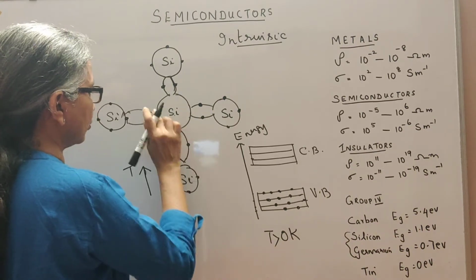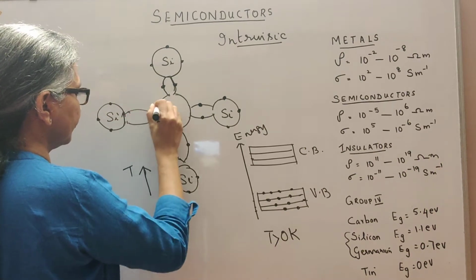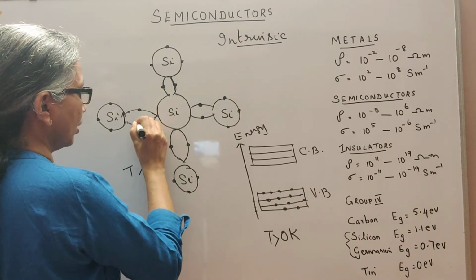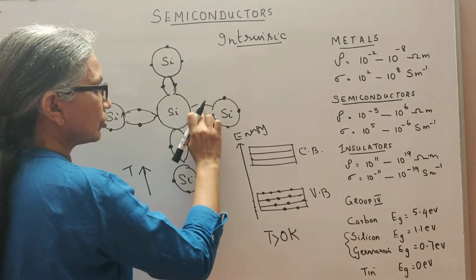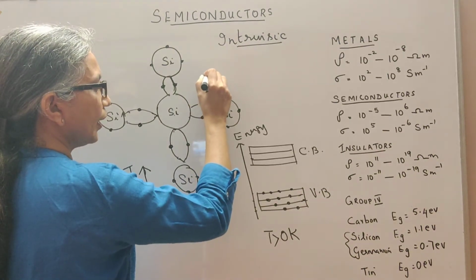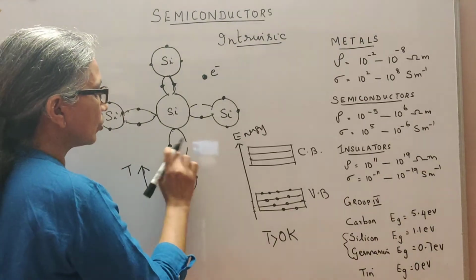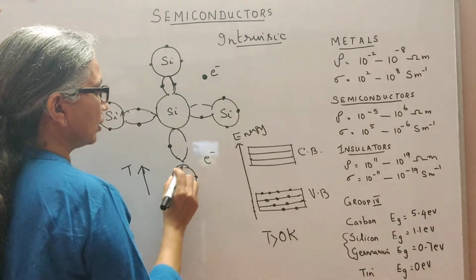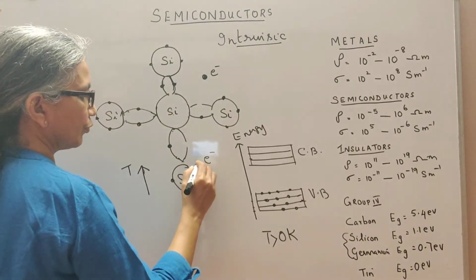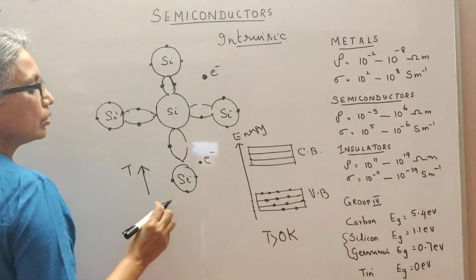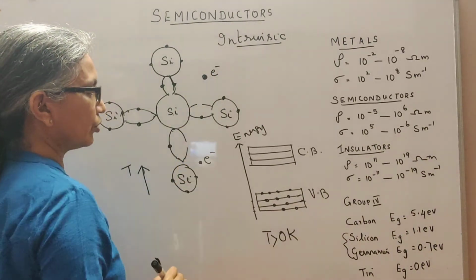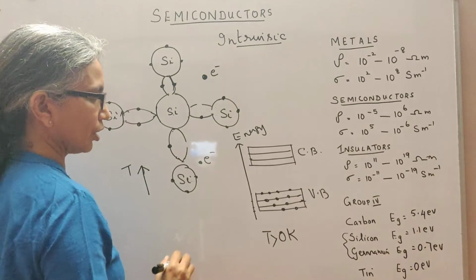Now suppose this electron gets enough energy and becomes a free electron. Let's say this one also breaks free to become another free electron. So now there are 2 free electrons available for conduction.